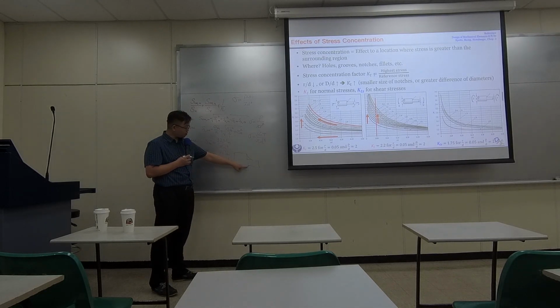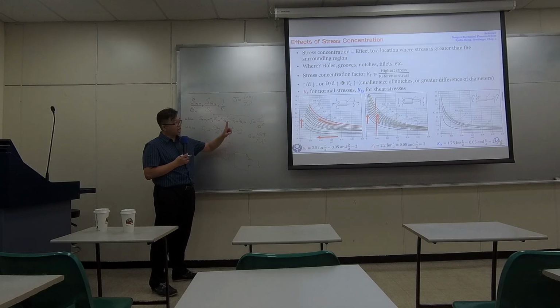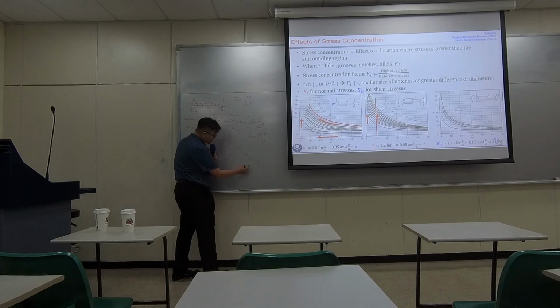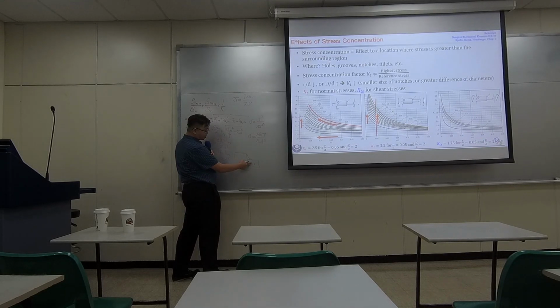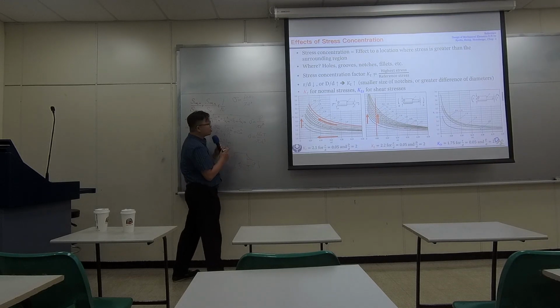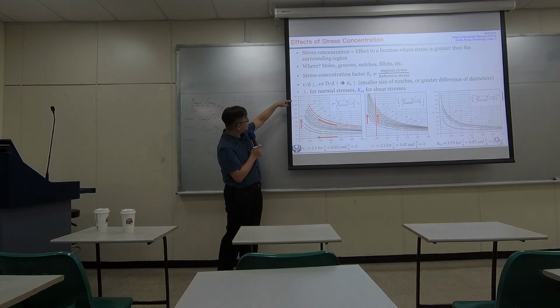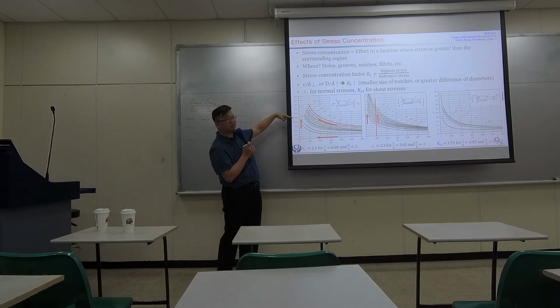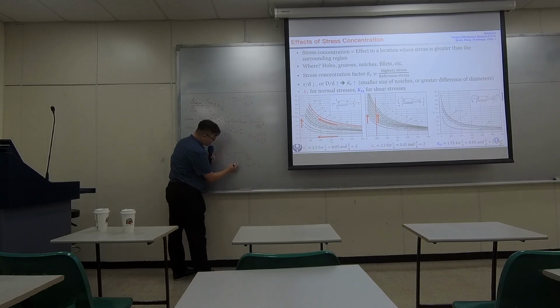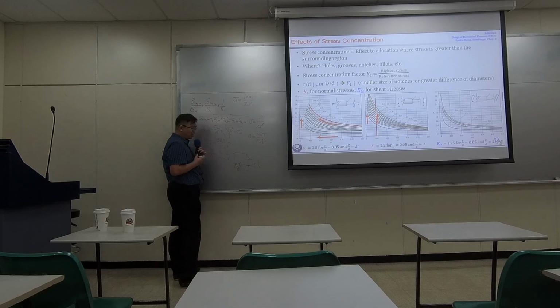So if you have a small radius right here, K is higher. That means if you have a stress here, the stress over here is going to be K times the reference stress. And it could be as high as 2, even double. It could be 2.5 times your regular stress.